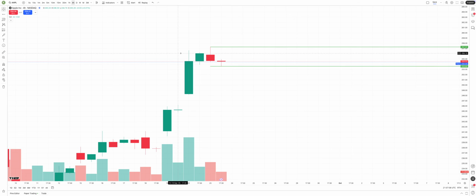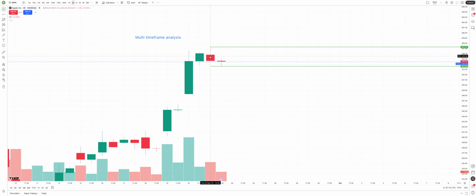So now we're breaking it down. So we're doing what's called multi-time frame analysis. So what we're doing is we're marking out our highs in higher time frames and then drilling in to lower time frames to see that breakdown even further.